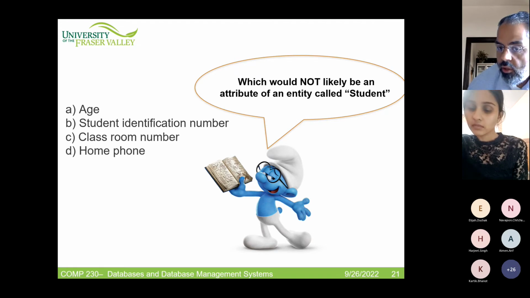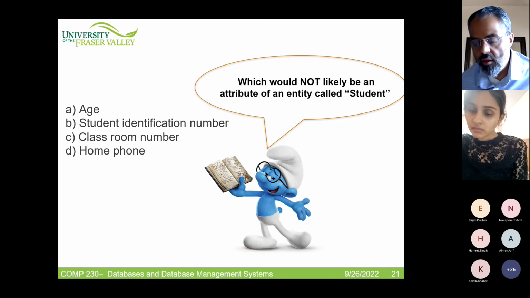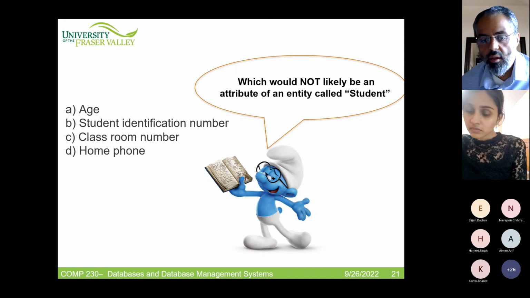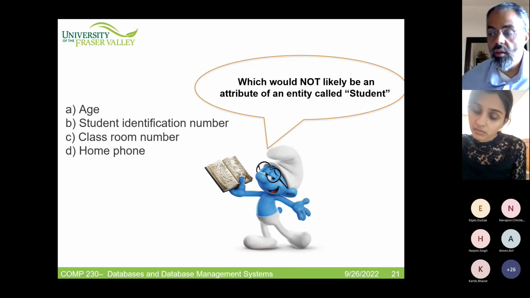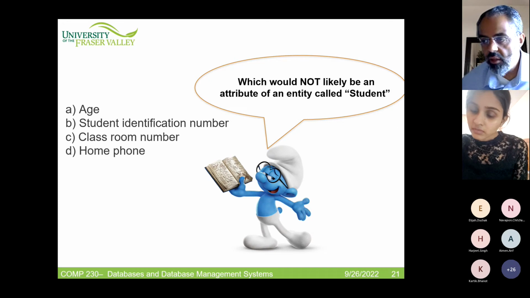An attribute can be unique only if it is a key. This is what we will see later. If an attribute is a primary key, it should be unique. If it is a non-key or non-primary key, we can have duplication for sure.